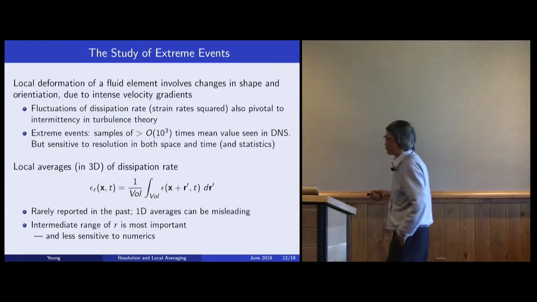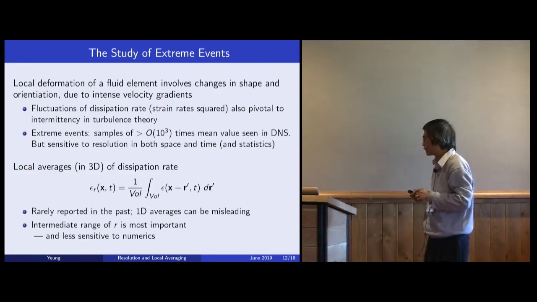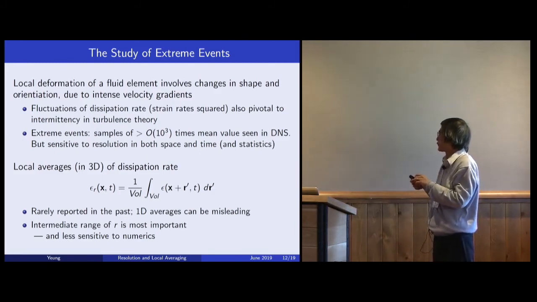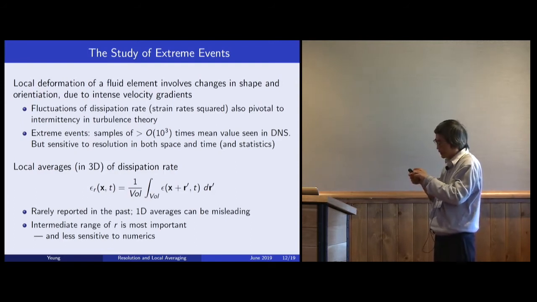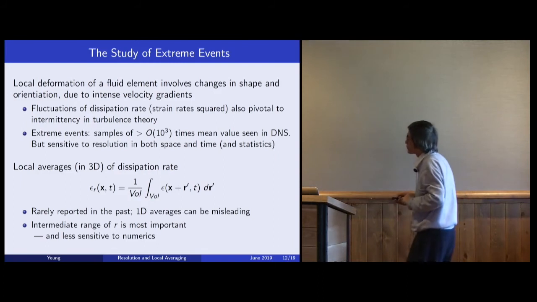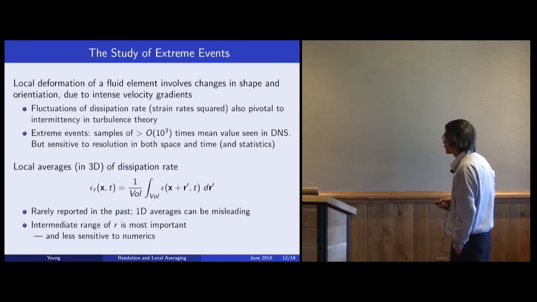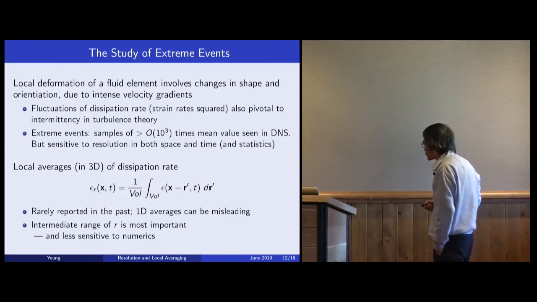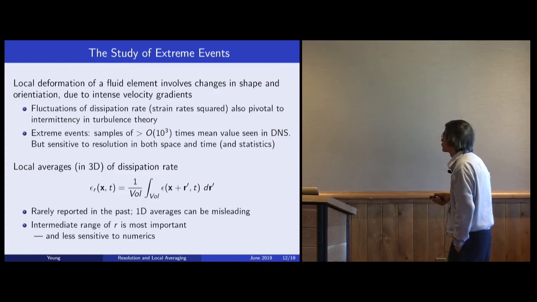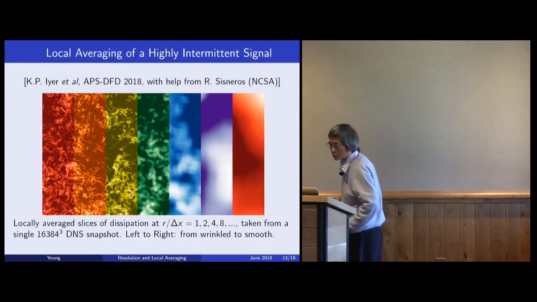For example, if you have a flame, if you have a combustion, if you have a flame surface, if the flame surface were like something elastic, if you pull it out, then the combustion naturally stops. So that's part of the reason why this is important. And we compute the three-dimensional local averages here because they have a strong role in the theory of turbulence.